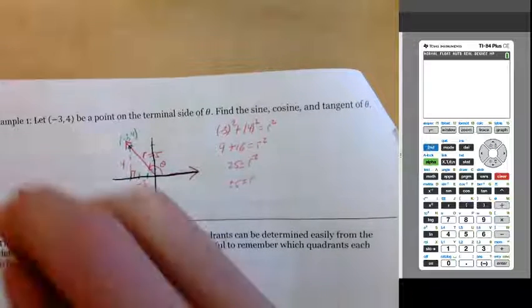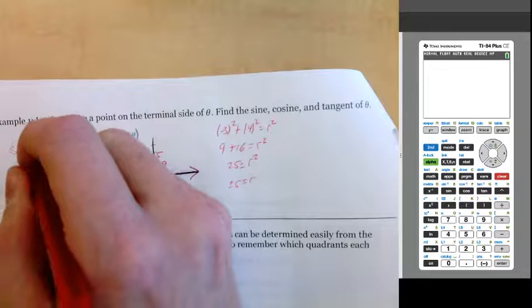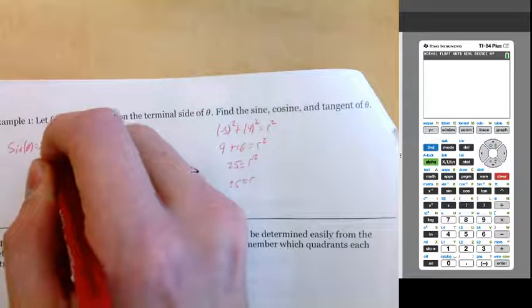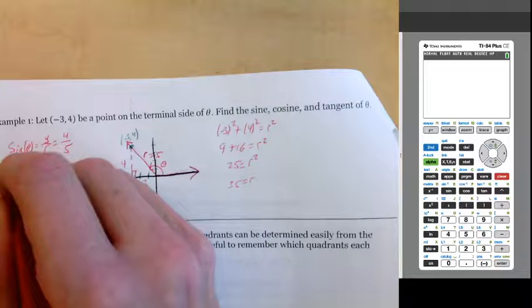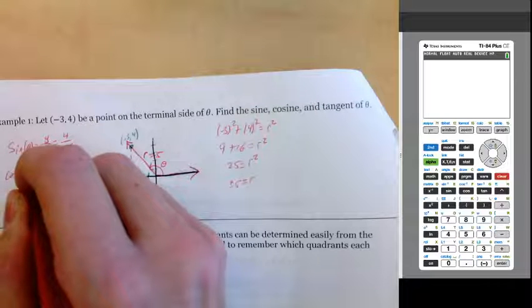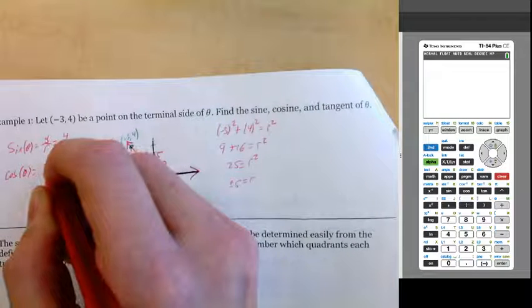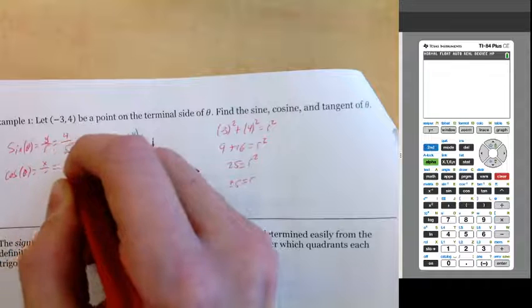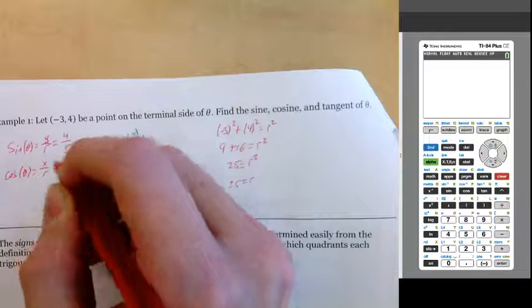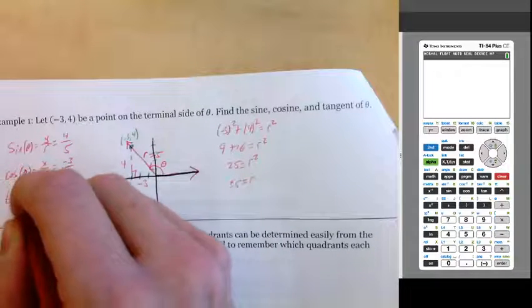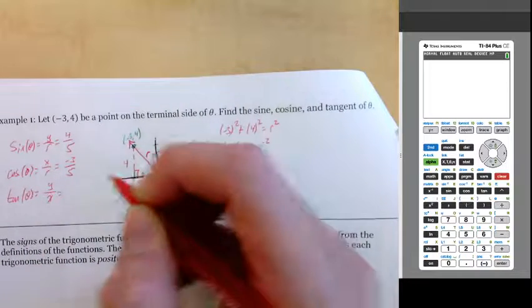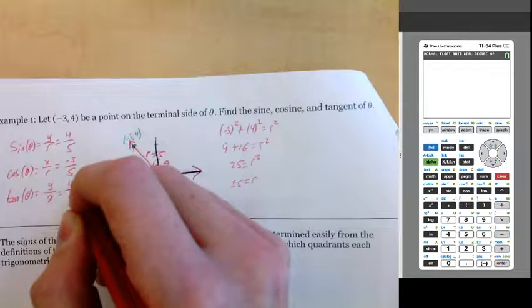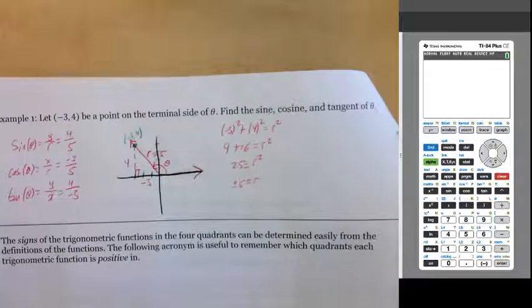Sine of theta is y over r, so that's 4 over 5. Cosine of theta is x over r, so that's negative 3 over 5. And tangent of theta is y over x, and that's 4 over negative 3.